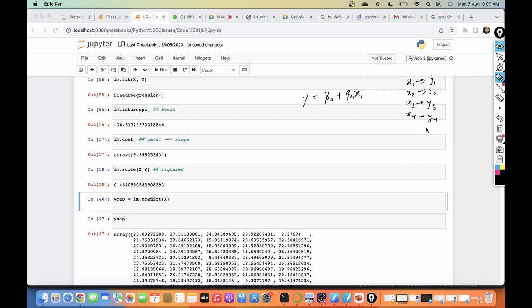So now we'll provide this x, and this x is the RM. This predict function will use this equation one by one. It will take the x1 and give the value of y, and that value of y we are storing into the y cap variable.